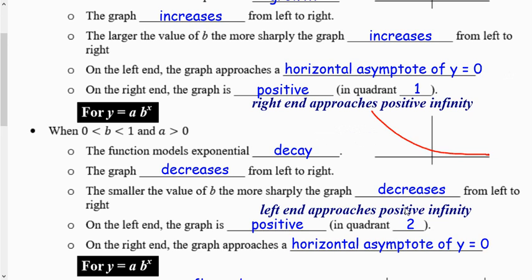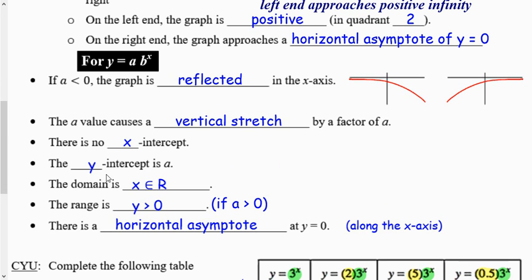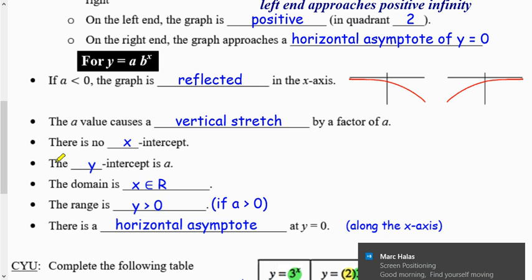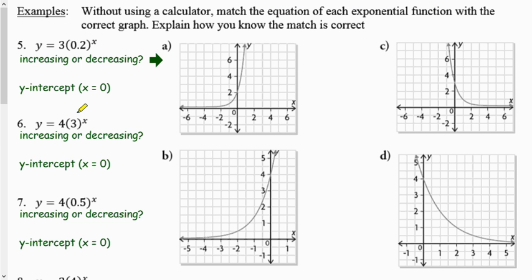So that's one feature. And then we observed down here that our a value tells us the y-intercept. The y-intercept is the same as the a value in the equation. So we're going to use those pieces of information as we do this question.